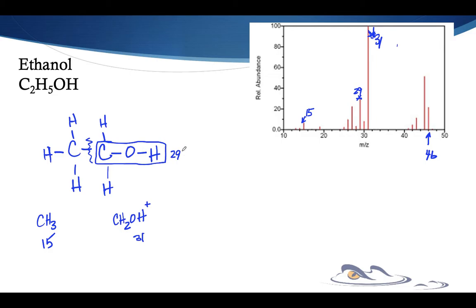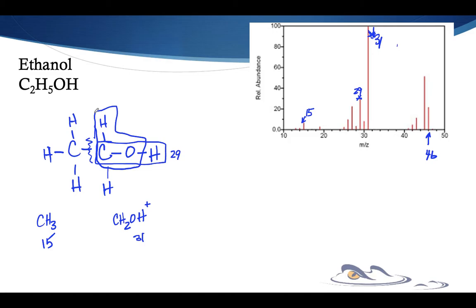No, other than I know that there might be a carbon, an oxygen, and a hydrogen that's bonded together somewhere out there. And again, it could be this carbon, oxygen, and hydrogen. I have no clue which one it is, but I know that there is a piece out there that's a carbon, oxygen, and hydrogen, and it tends to break off a lot of the time and stay together.